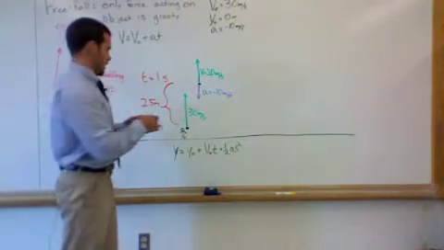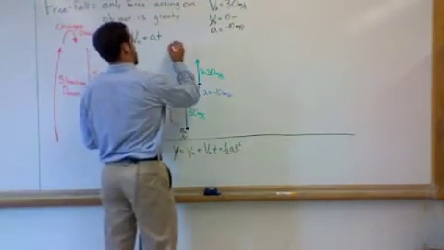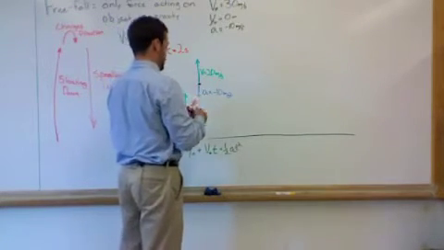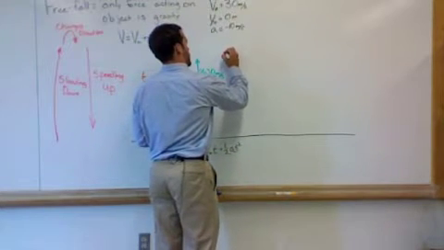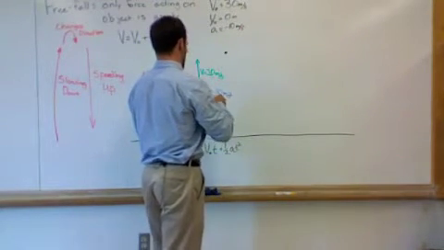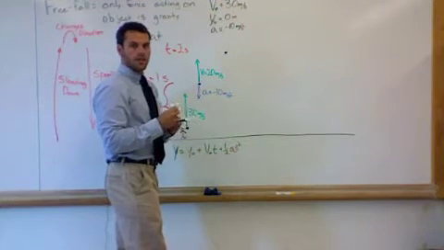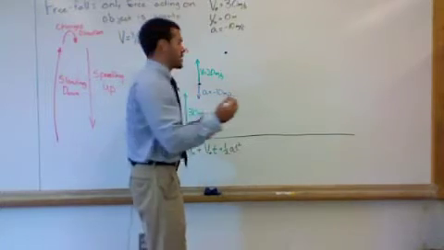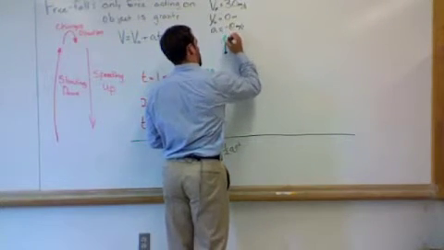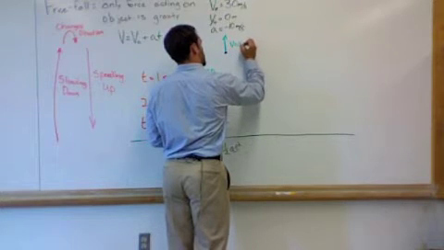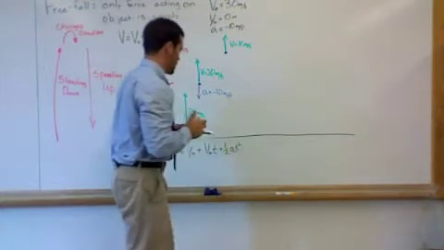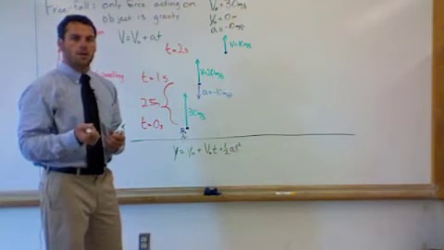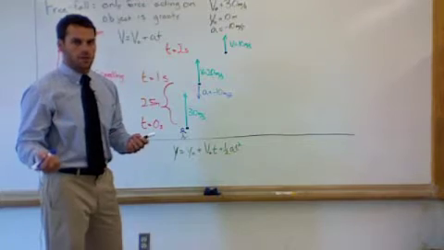Now let's continue for 2 seconds. After 2 seconds, our velocity is now going to be 10 meters per second. It's still positive. It's still going up, but it's still slowing down. Since we're only concerned with the force of gravity acting on this, we're only going to be worried about the acceleration of gravity. Acceleration is not going to change.